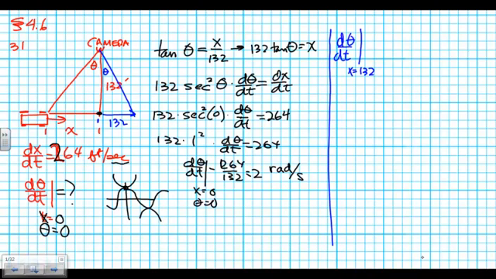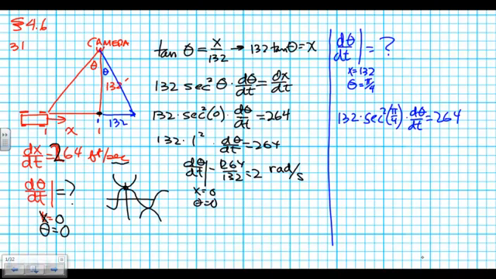Yeah, 45. So this is going to be when theta is pi over 4. That's our new question. Well, let's plug and chug. 132 times secant squared of 45 times d theta dt is equal to 264.